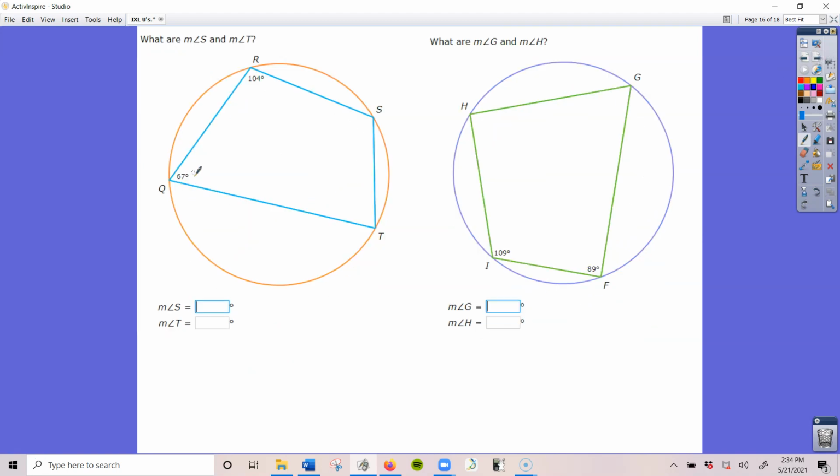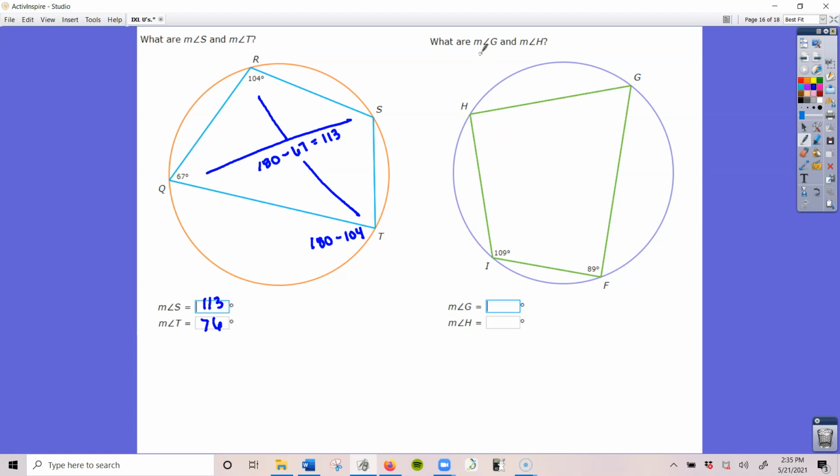All right, then after a while, you're going to get where you have multiple angles to solve for, but it's the same principle. To solve for angle S, it is across from Q. So you would do 180 minus 67, which is going to give you 113. And then angle T is across from angle R. So angle T is going to be 180 minus 104, which is 76.